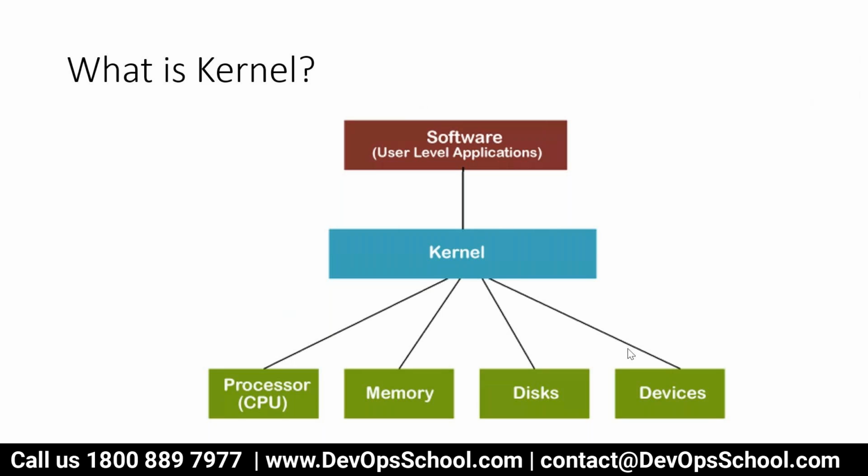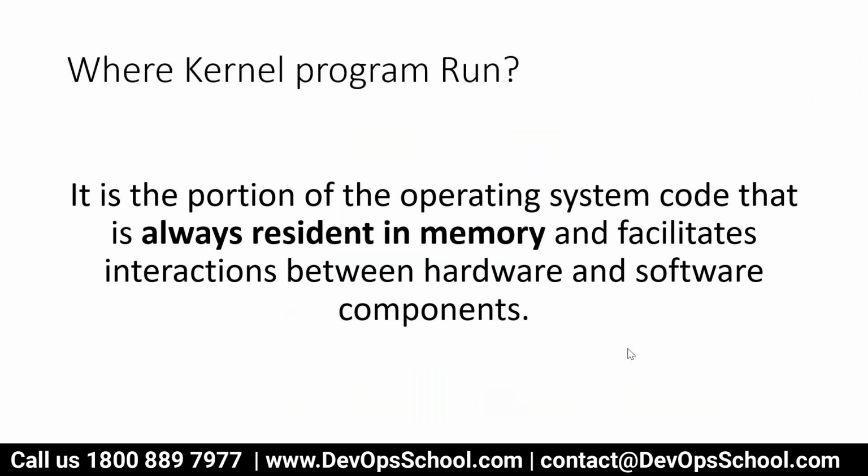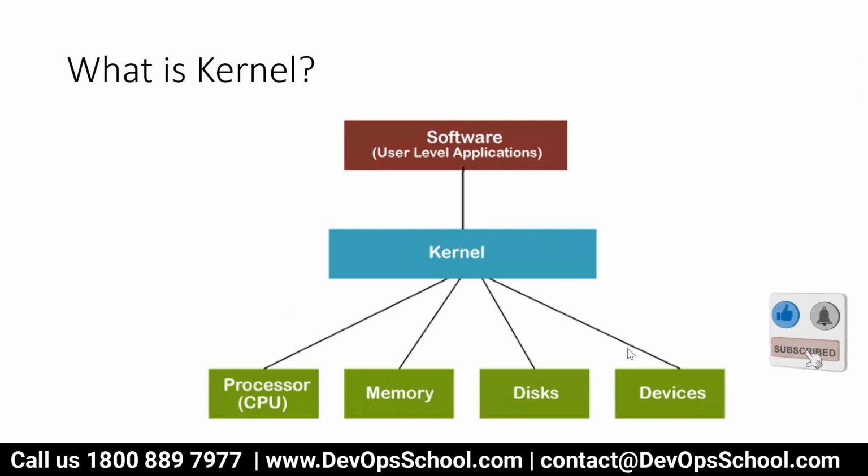Then on top of the kernel we have all the user-level applications. User-level applications means whatever you're using: Notepad, Calculator, a browser, a meeting app, MS Office, Photoshop and so on. So the kernel is a program written in C, which sits between the human and the hardware.